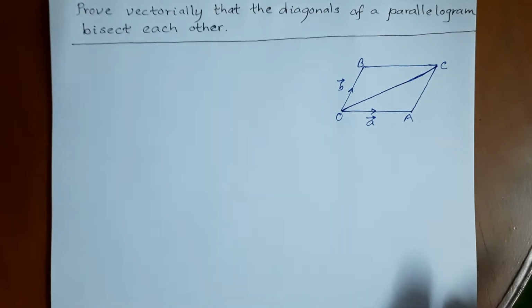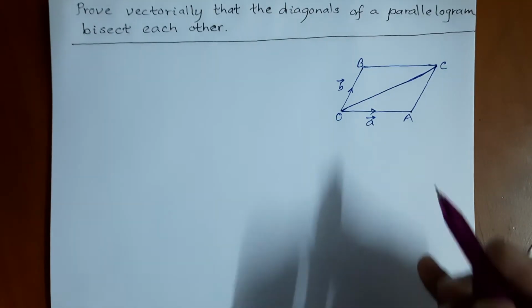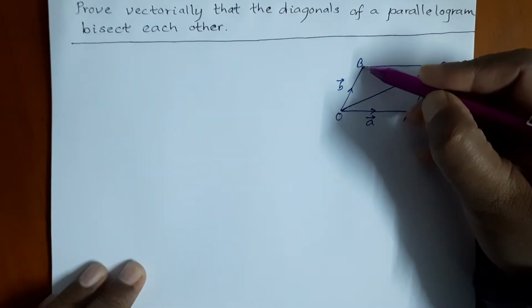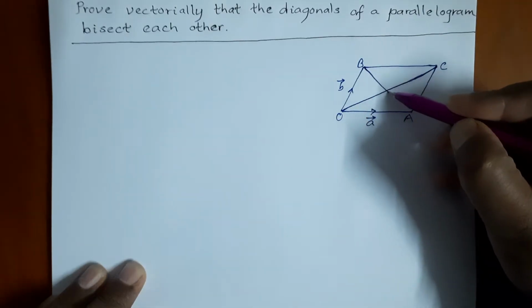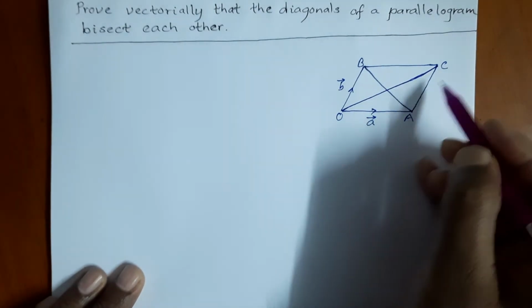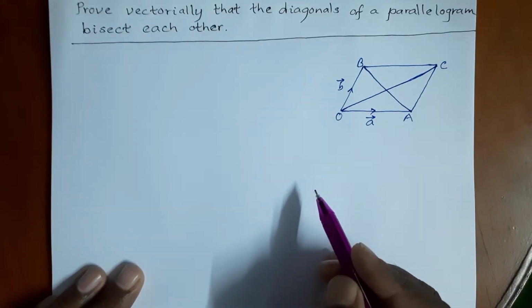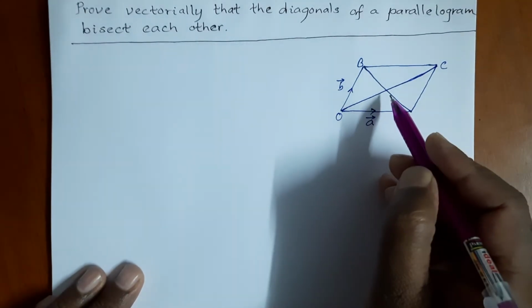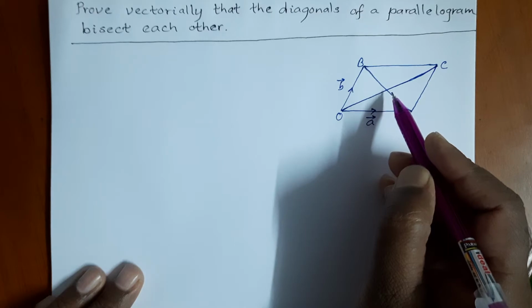Similarly, AB is another diagonal. This OC and AB are the diagonals of the parallelogram. We have to prove that they bisect each other.